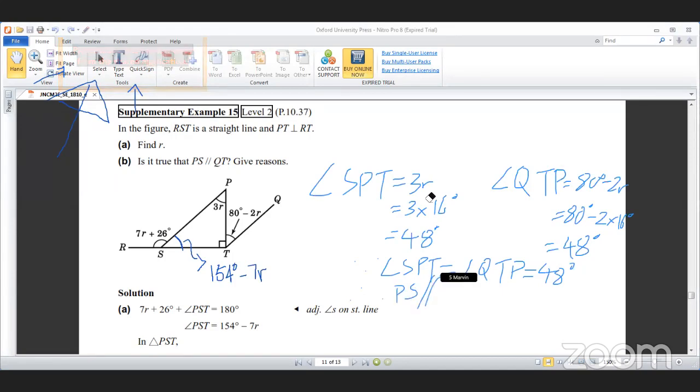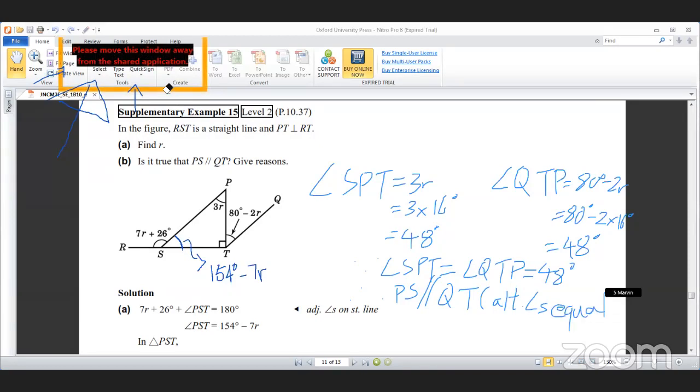Just finish this one first. Okay, alternate angles equal, right?